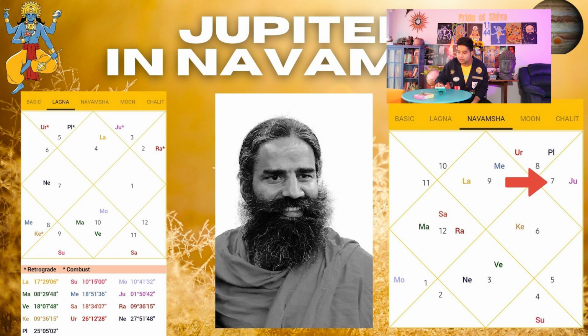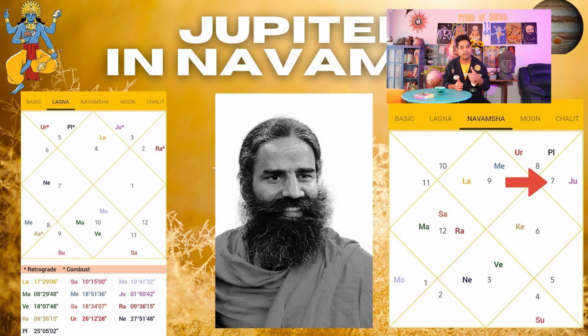Now the moment you look at his D9 chart, and guys, one more thing which I want to highlight over here: in this whole discussion, if your D9 chart's first house sign is ruled by the planet Jupiter itself, that is, if in the D9 chart you have a Sagittarius rising or a Pisces rising, that in itself makes the prospects of luck or religious austerities or religious pursuit very strong in your case.